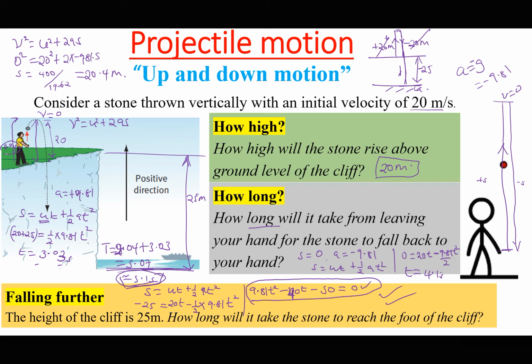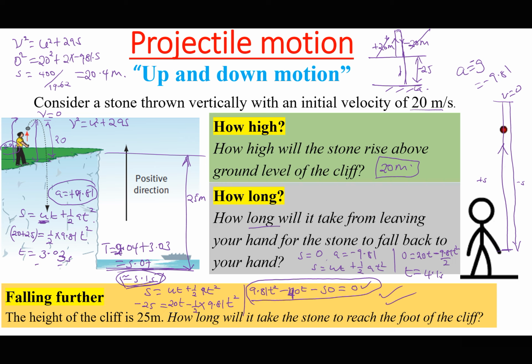Instead of multiplying it by 2, because multiplying it by 2 means going and coming back to the same level, you now consider the motion independently from the highest point falling to the ground. It starts from 0, that's why u was 0. Because it is falling downwards, independent of the initial motion, acceleration will be considered to be positive in this case. Whenever I consider individual motion starting from the highest point falling downwards, then acceleration should be taken to be positive.